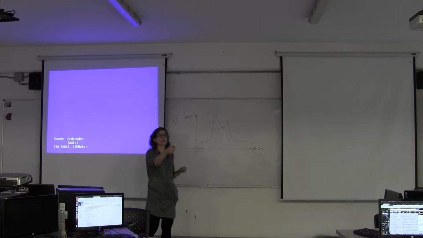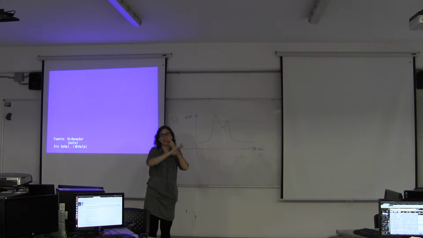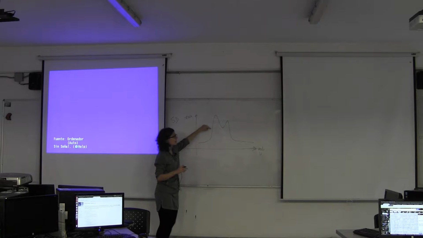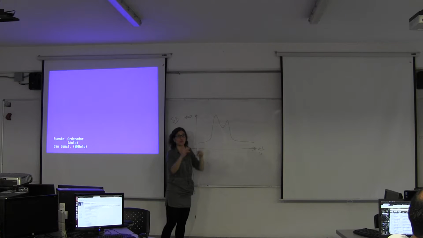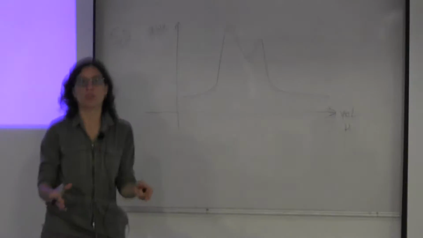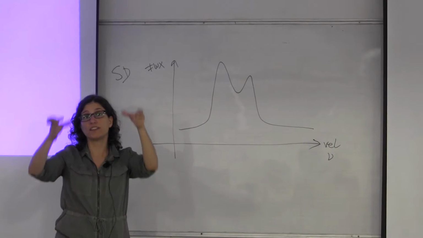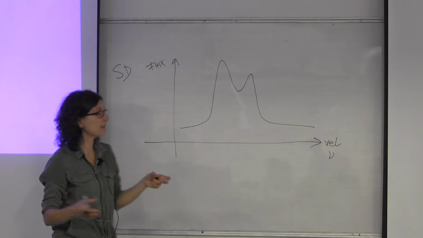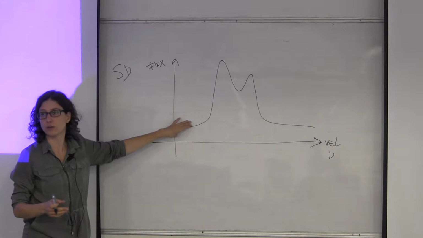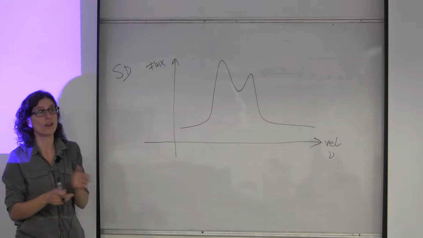Here, with this spectral tool, what we are doing is integrating in the spatial coordinates to get that point at every velocity. Okay? And you can choose in your map to make that region larger or smaller. But with a single dish, you just have your beam, and you are integrating in the beam area. Okay? So this is the profile that you would get with a single dish, and this is the profile that you are getting when you are using the spectral tool.